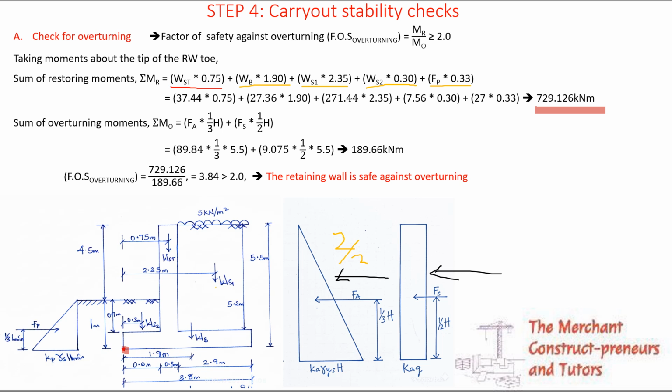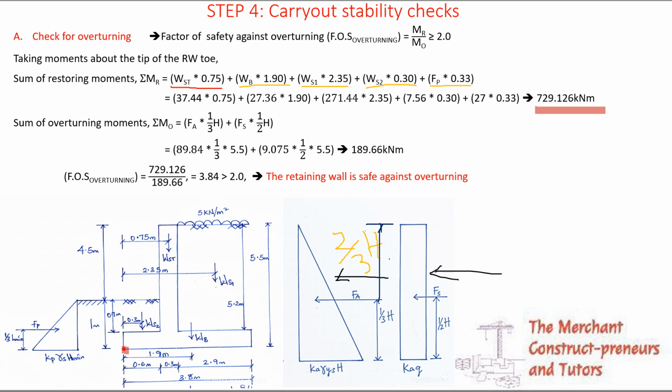2/3 h. So that is what this portion is. So this is 2/3 h, such that once you add these two together, you get h.